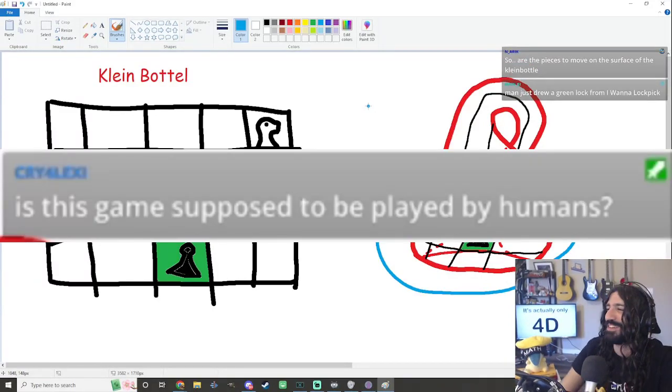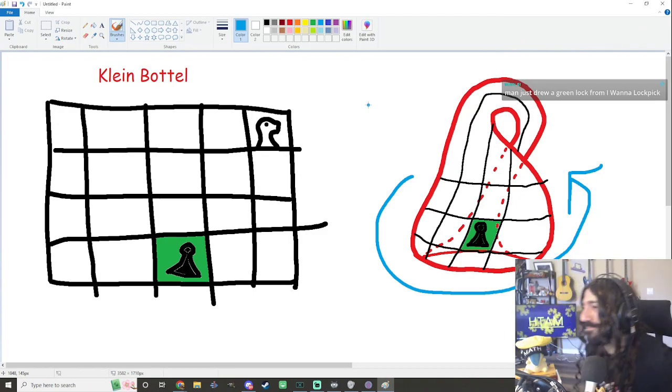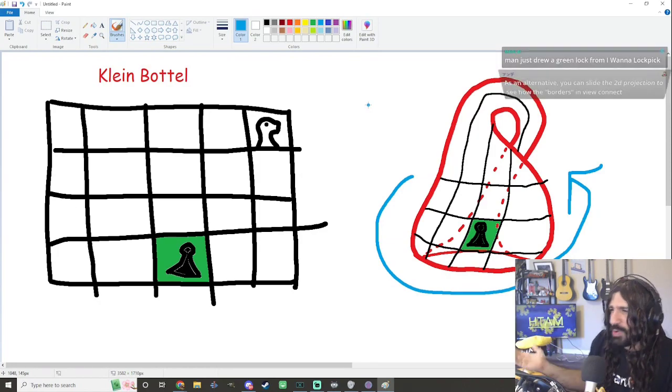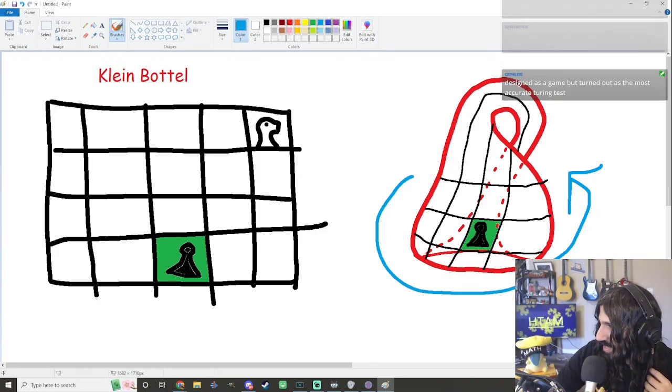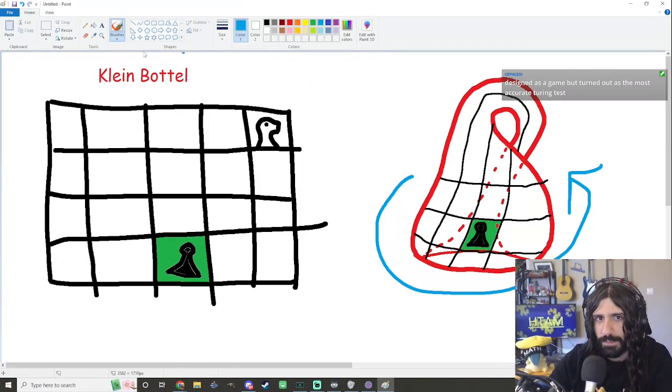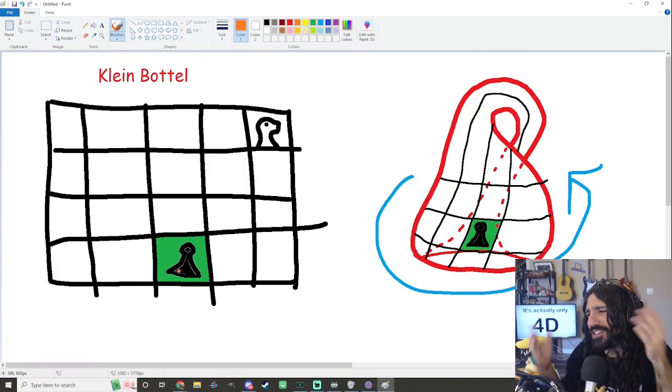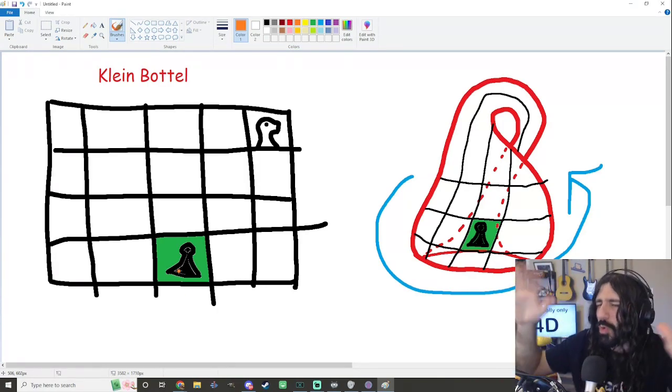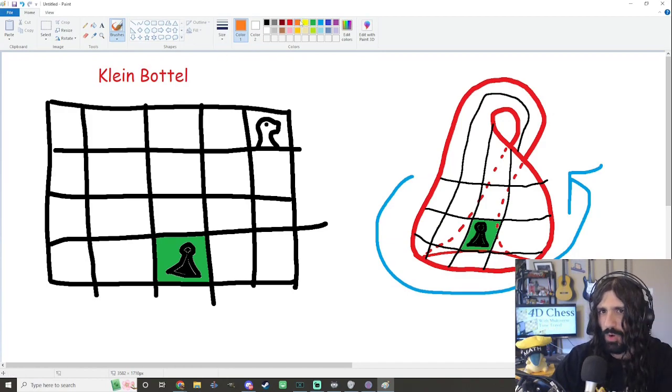Is this game supposed to be played? It depends on your interpretation of, I guess, neurodivergence. So are the pieces to move on the surface of the Klein bottle? Yeah, so when you make a move, like pawn, okay, it's non-orientable, so I don't know how you make a coordinate space that makes some degree of sense to someone at some point in time. And then you have, okay, my pawn will now move here.